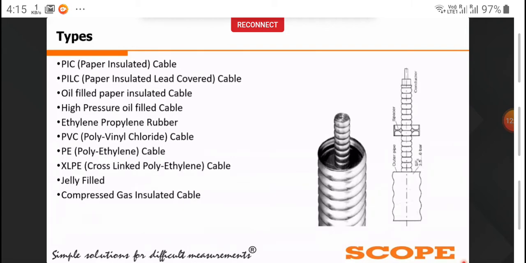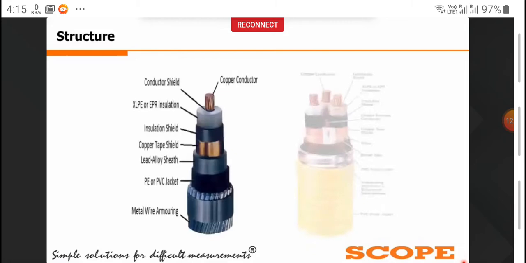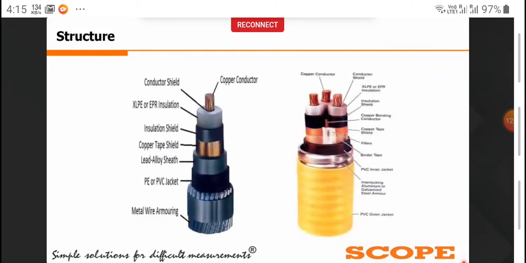Now we will see the construction of a cable. In this picture we can see that at the center of the cable a conductor is used. Mainly aluminum and copper are used for the conductor. Copper is slightly heavier than aluminum, but it is more conductive than aluminum.